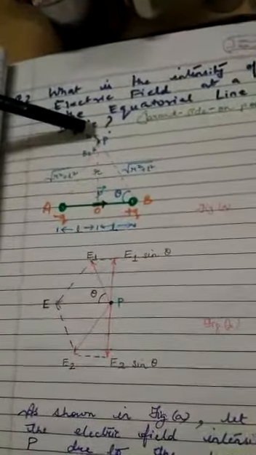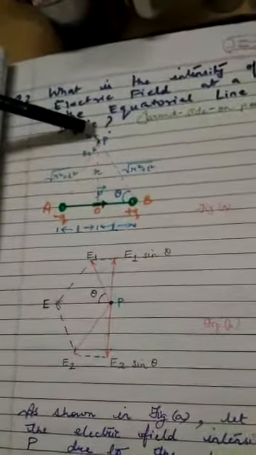Now we want to find out what is cos theta. So again we go back to figure A. Look at this triangle OBP. This is your angle theta. So what is cos theta? Adjacent side by hypotenuse. Adjacent side L, hypotenuse root of r square plus L square.